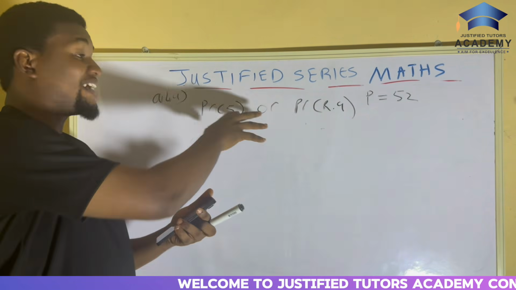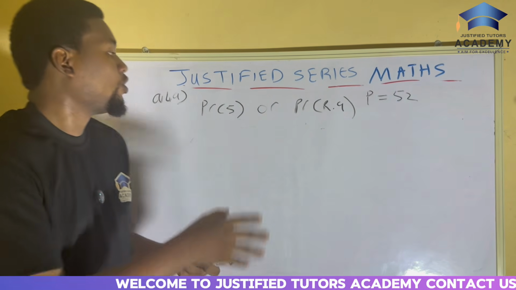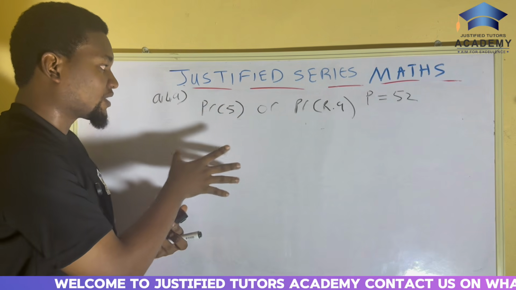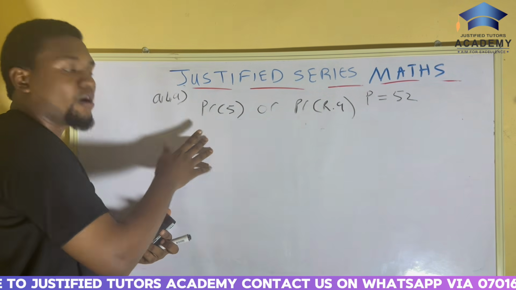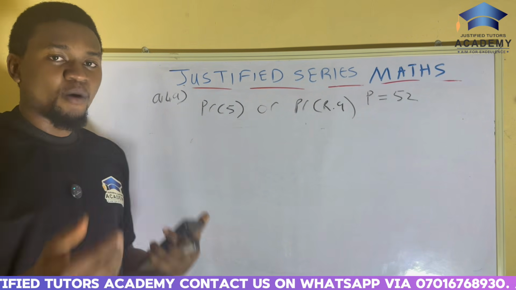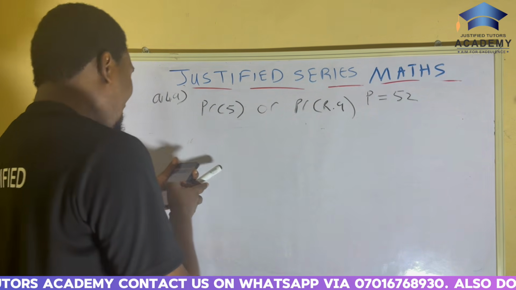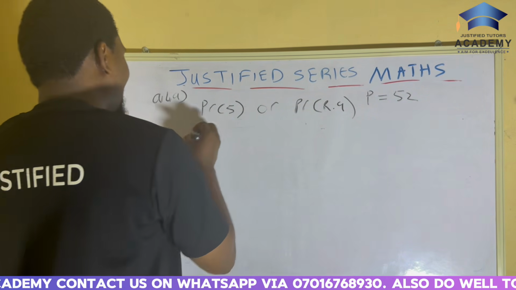Now, to find this, the formula is simple. We first find the probability for each, then we add them together. But what is the formula for probability?